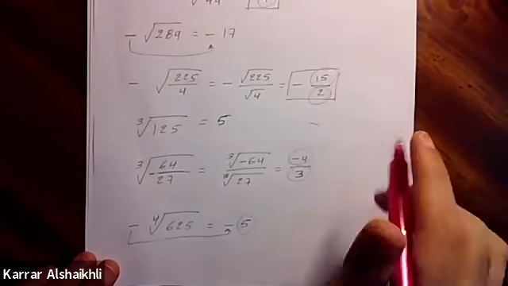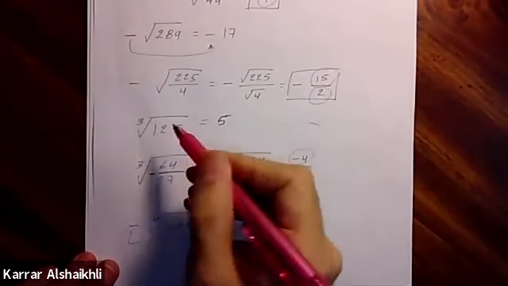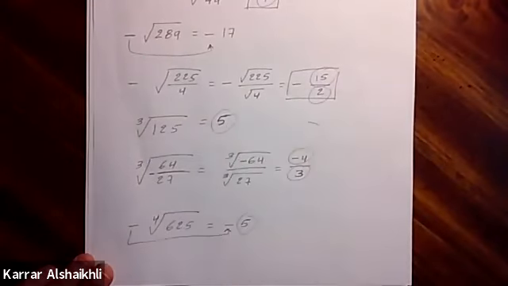The square root of 100 is 10. The square root of 49 is 7. The cubic root of 125 is 5. These are just numbers. So when we find roots using the calculator, if you get just a number, you can use exactly the same thing for all the roots.